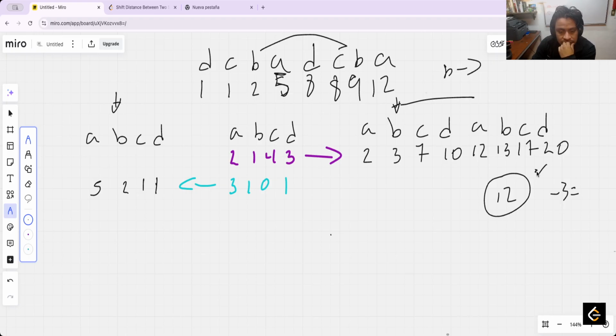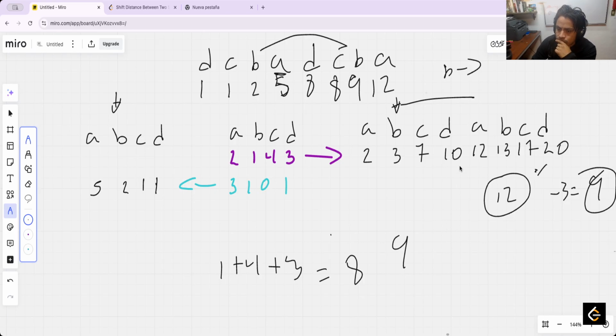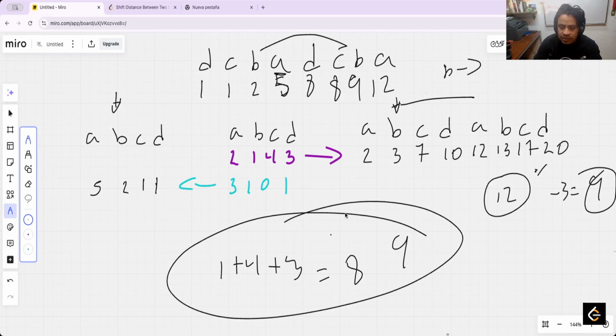Well, in this case is 12 less 3 is 9. The cost is 9. Let me check. It's 1 plus 4 plus 3. It's equal 5 is 8. I think that maybe it is less than this.